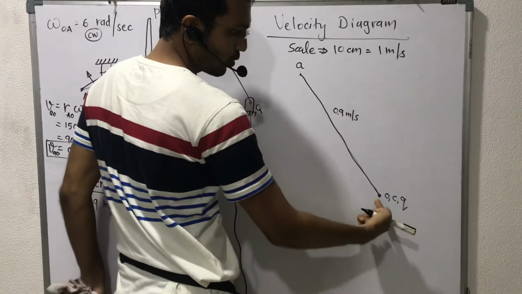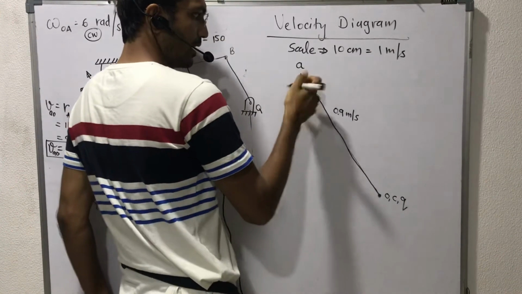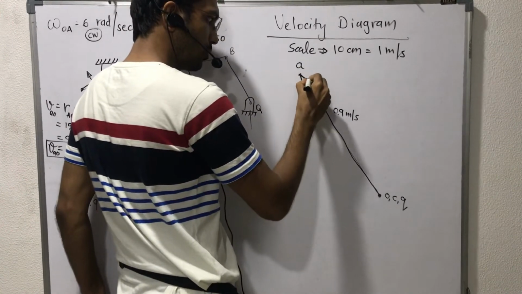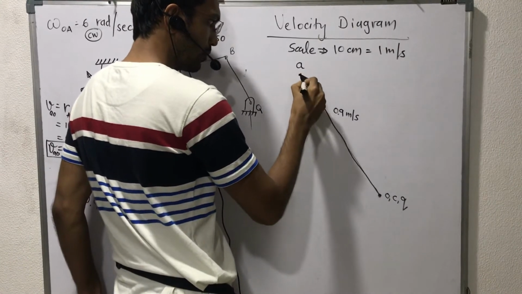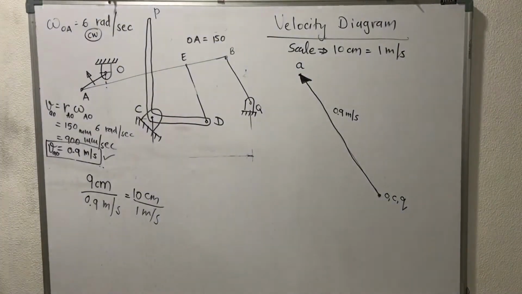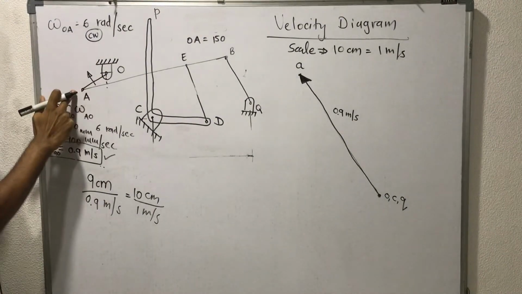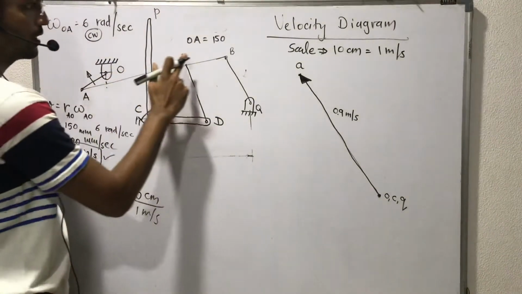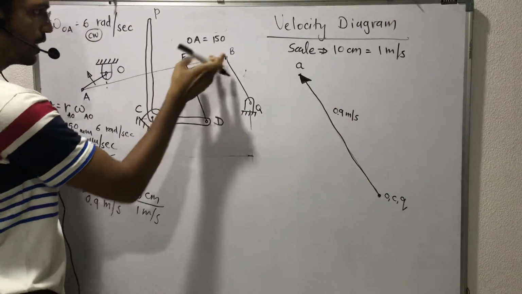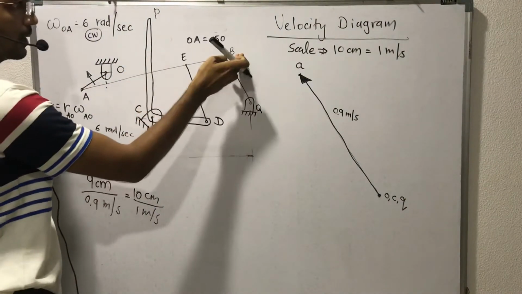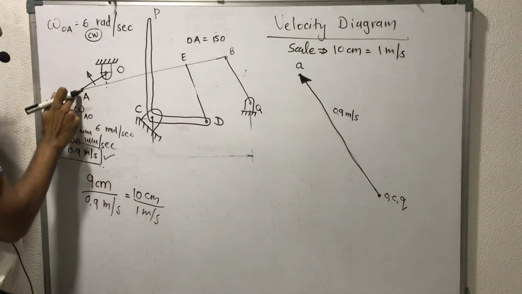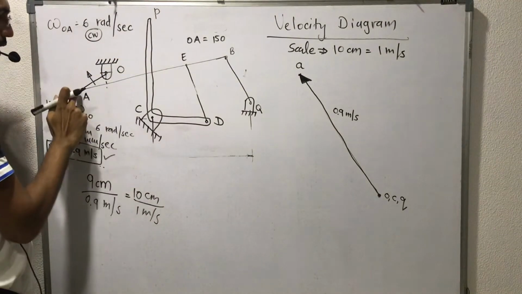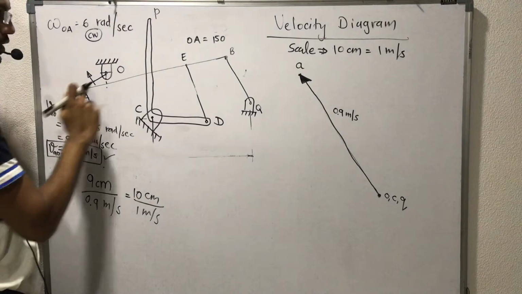We started to draw from O towards A, so the direction arrow is towards the A side. So we reach up to A point. Now we have A point. Now I want to identify the next E point, but E we cannot find because it is on link AB. So let us find B point first. For AB link we don't have angular velocity, but we have the line of action of AB.